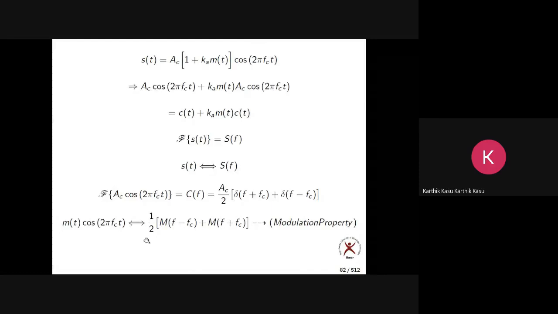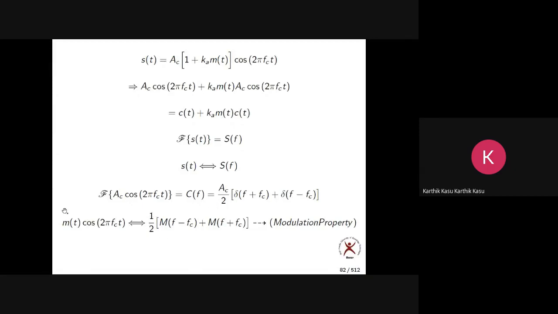If you multiply any signal with a cos function, the spectrum will be shifted, right shifted and left shifted. So 1 by 2 we write as it is.